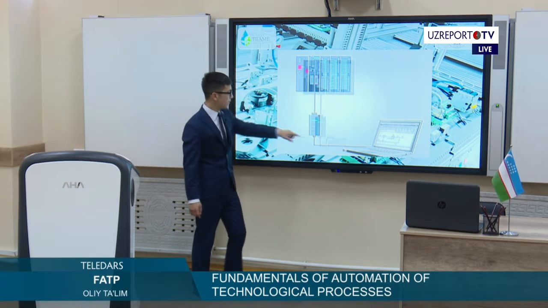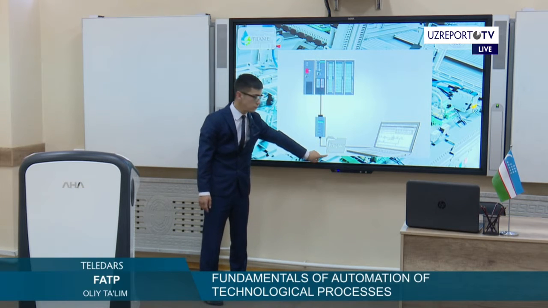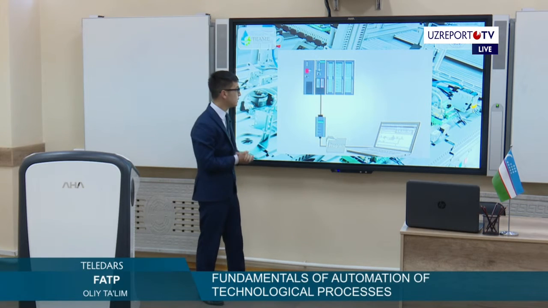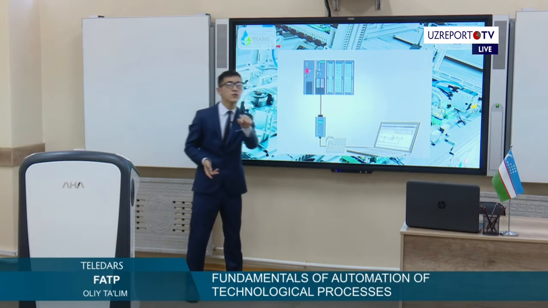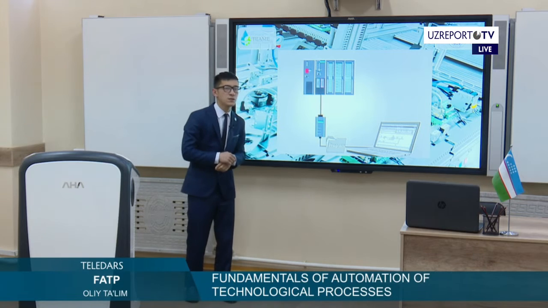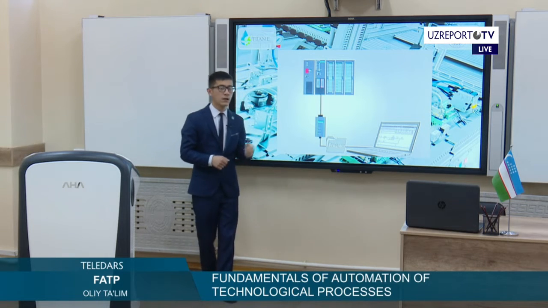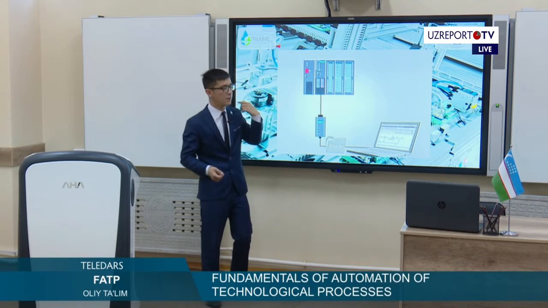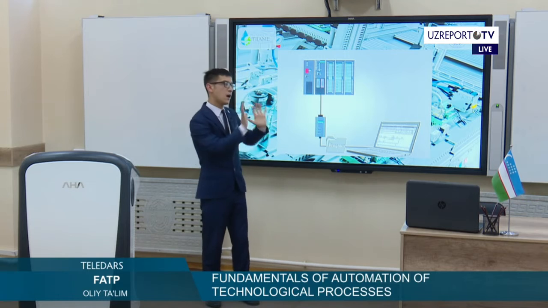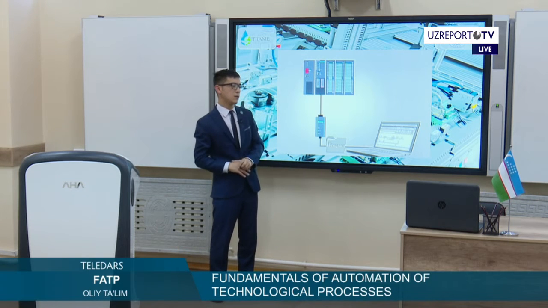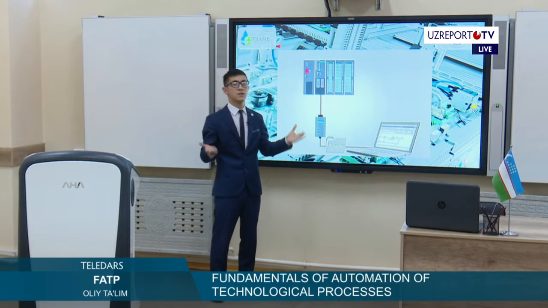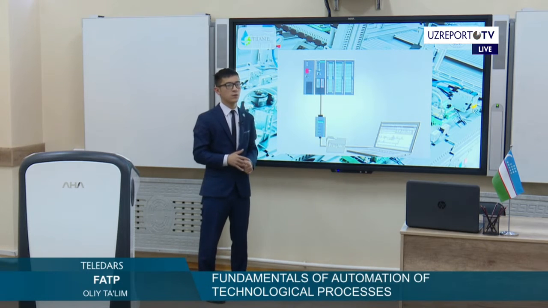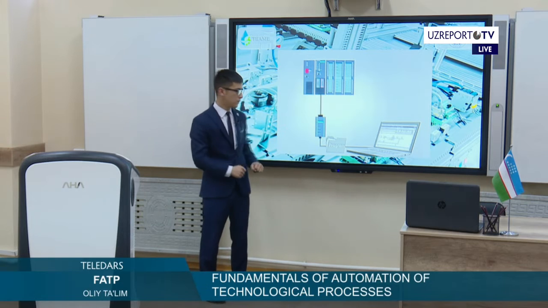Then you make your own program and download it to the controller. Then the controller, according to your logic, will change the signal circulation inside the controller. Then it will give an output signal to the other acting machines to carry out the algorithm of the technological process which you need, according to your terms and your logic and rules of control.